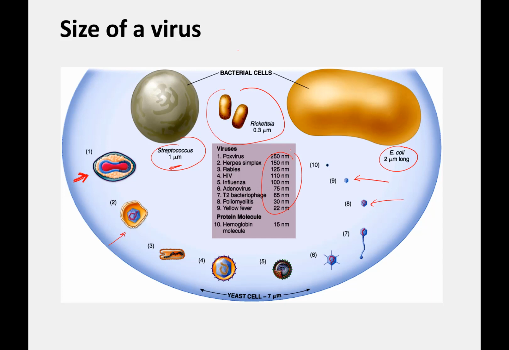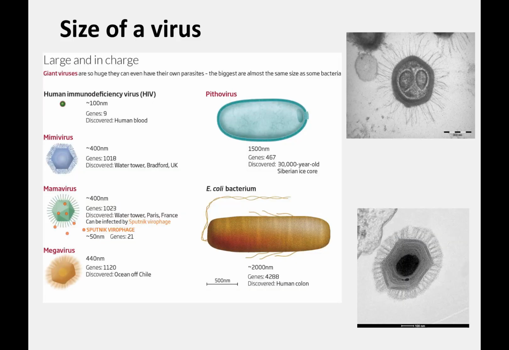Viruses are in the nanometer range. And of course, like I said, there's always exceptions. We are now just learning about these giant viruses, shown over here. So this is a megavirus. This guy is called Pandora virus.